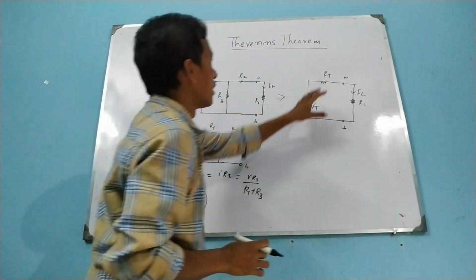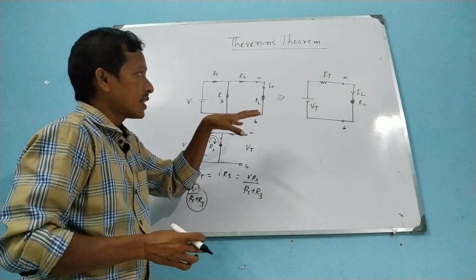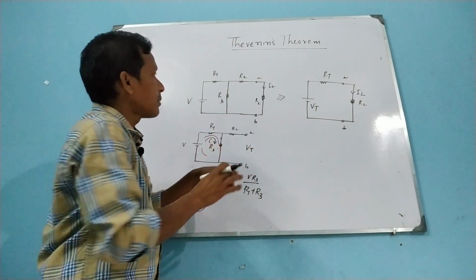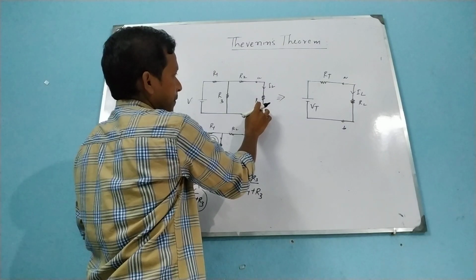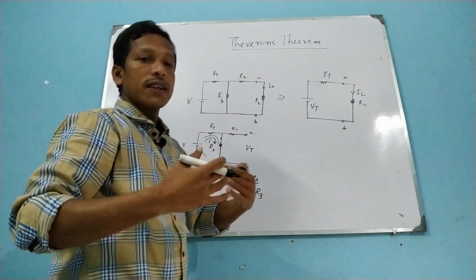Now, I will discuss Thevenin's resistance. What is this? Thevenin's resistance is the resistance between the terminals A and B when all the energy sources are replaced by their internal resistance.